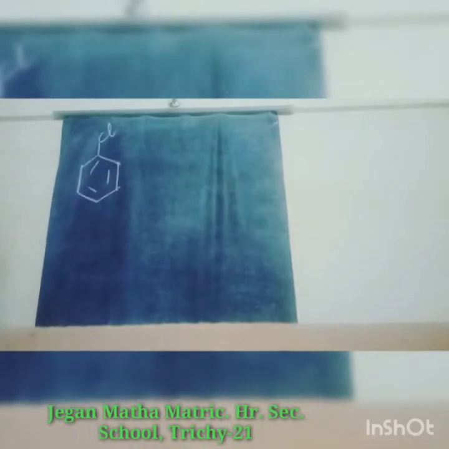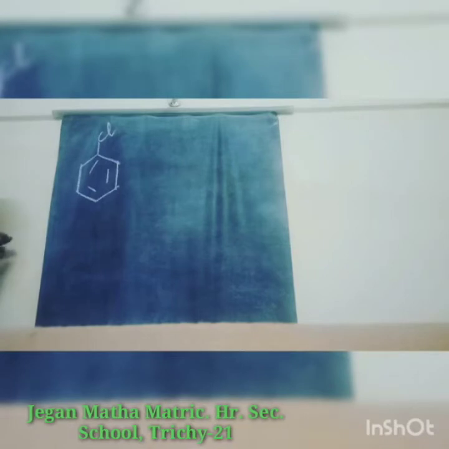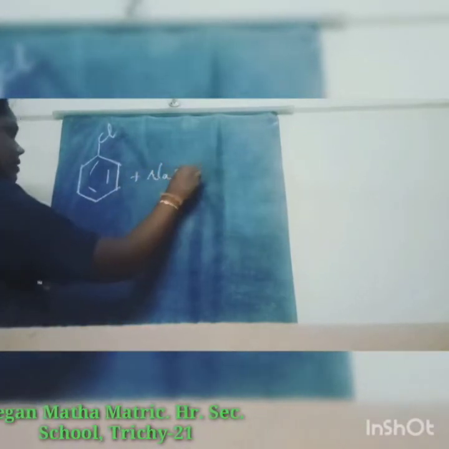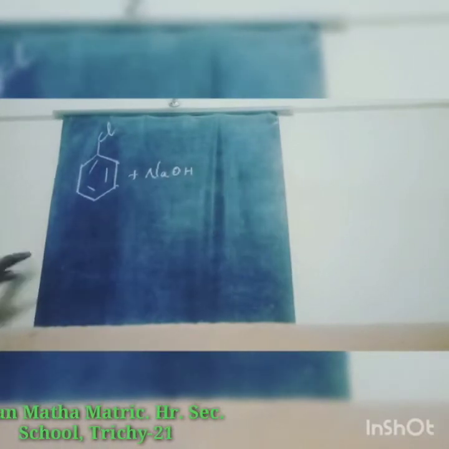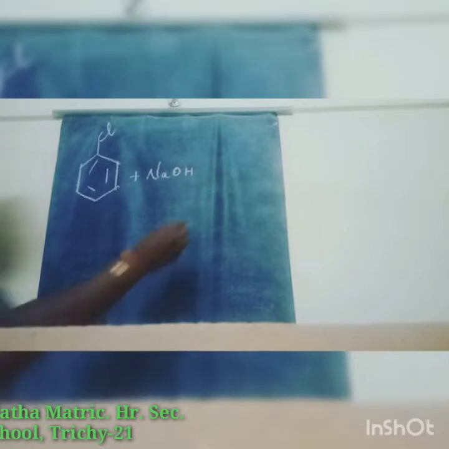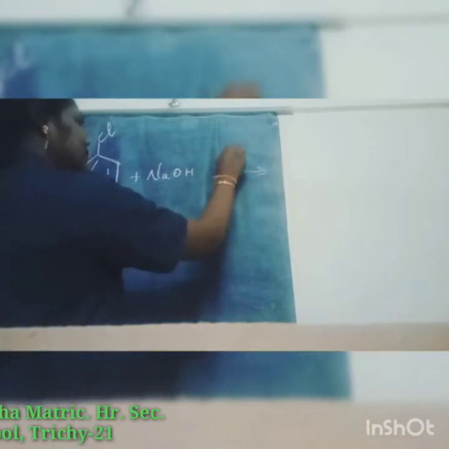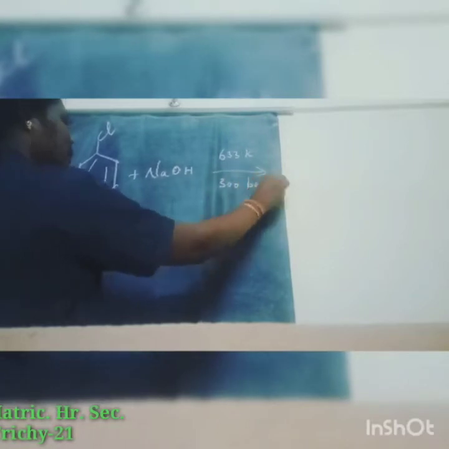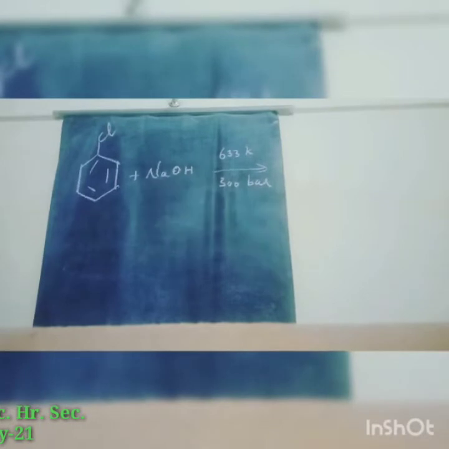Chlorobenzene is reacted with sodium hydroxide, the formula is NaOH. The temperature is 633 Kelvin and 300 bar, where bar means atmospheric pressure. And here sodium phenoxide is formed.